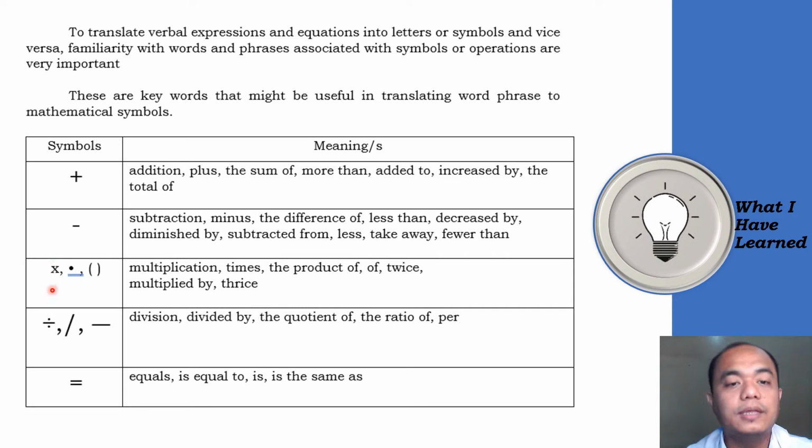This symbol means multiplication: times, the product of, twice, multiplied by, and thrice. This symbol will represent division: divided by, the quotient of, the ratio of, and then pair. And then we have this symbol, equals: is equal to, is, or is the same as.